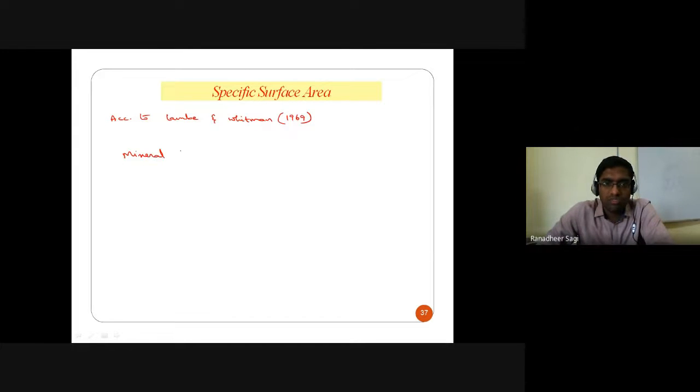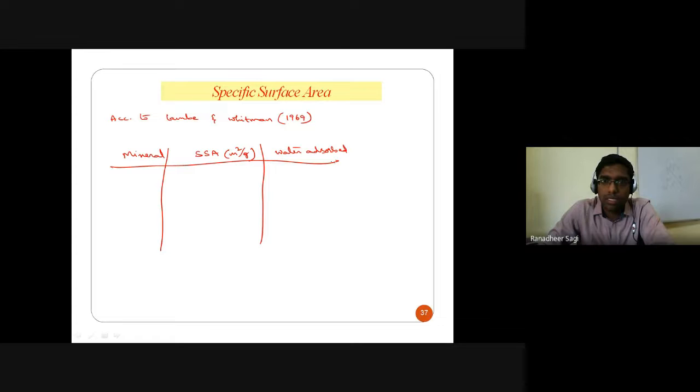In the case of different minerals, what is the approximate specific surface area in terms of meter square per gram, and the water which is going to be absorbed by those minerals, is what is given by Lambe and Whitman from their studies.